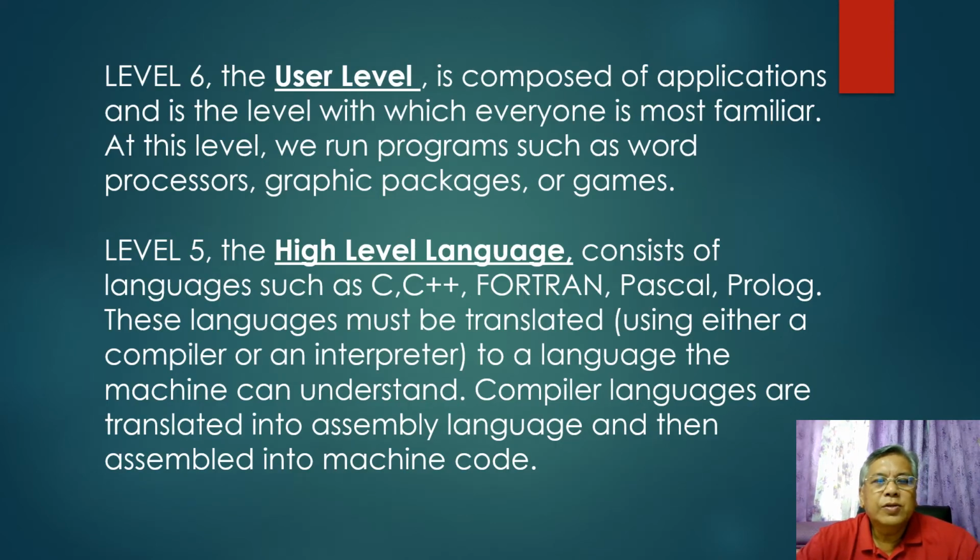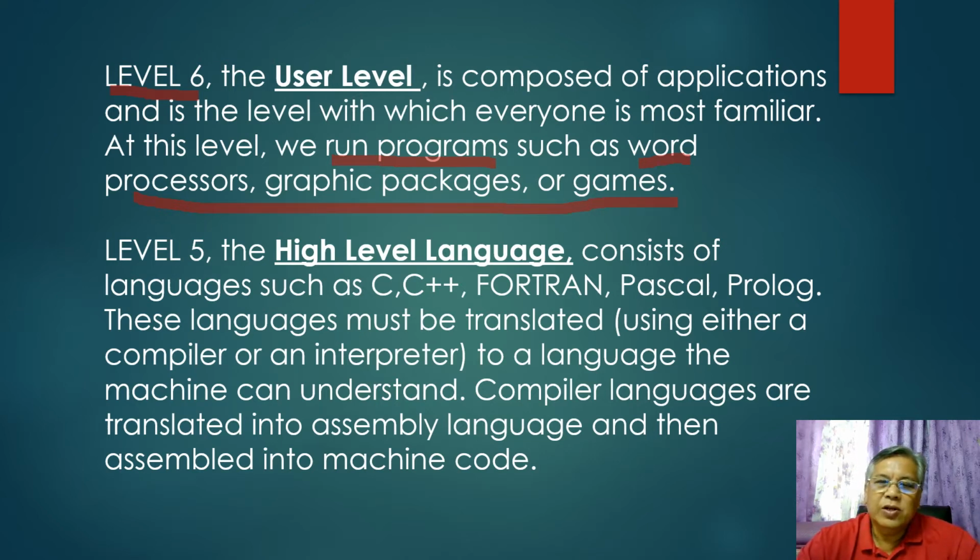Okay, so level 6, the user level, is composed of applications and is the level with which everyone is most familiar. At this level, we run programs such as word processors and graphics packages, or we play games.